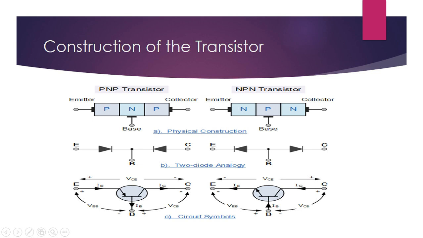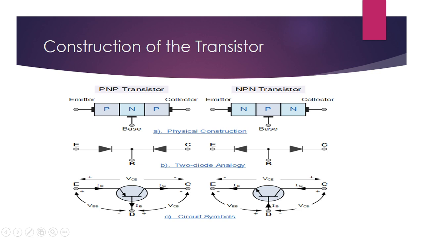On the other hand, when the transistor is NPN, it consists of one layer of N, another layer of P, and another layer of N. It consists of three terminals: one is the emitter, another is the base, and the other is the collector.